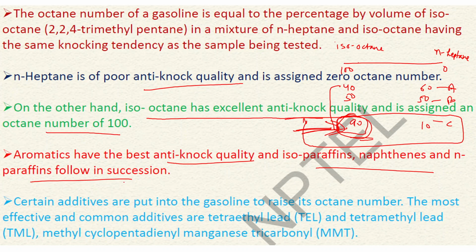Certain additives are also added to gasoline to improve its octane number. Commonly used additives are tetraethyl lead, trimethyl lead, and methylcyclopentadienyl manganese tricarbonyl.